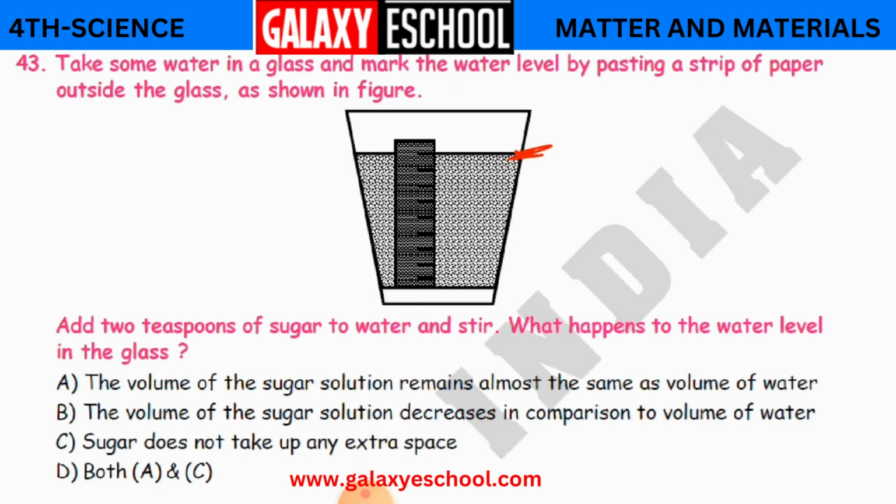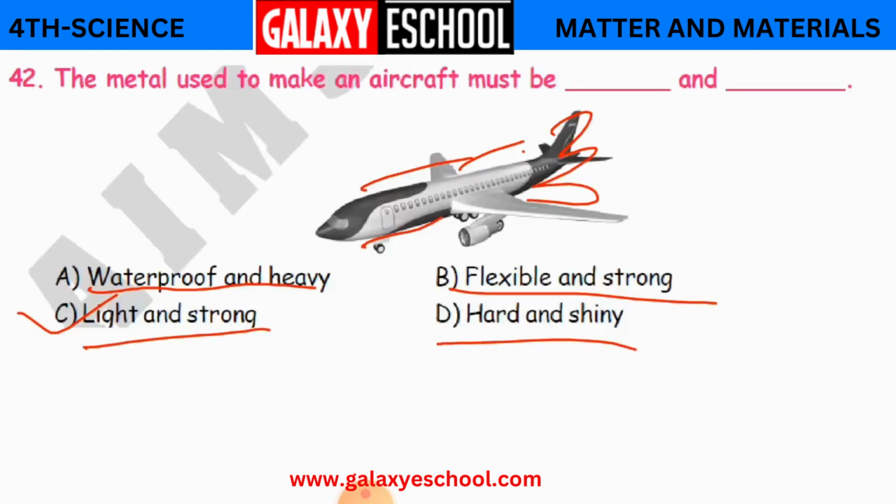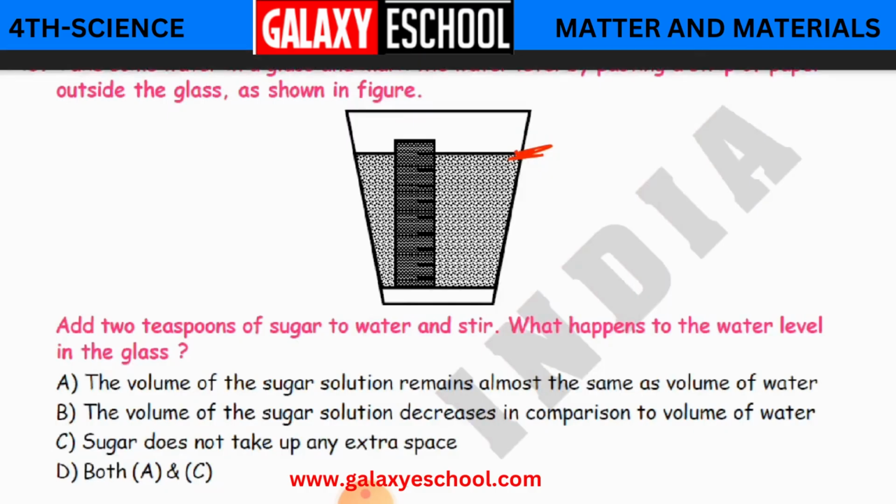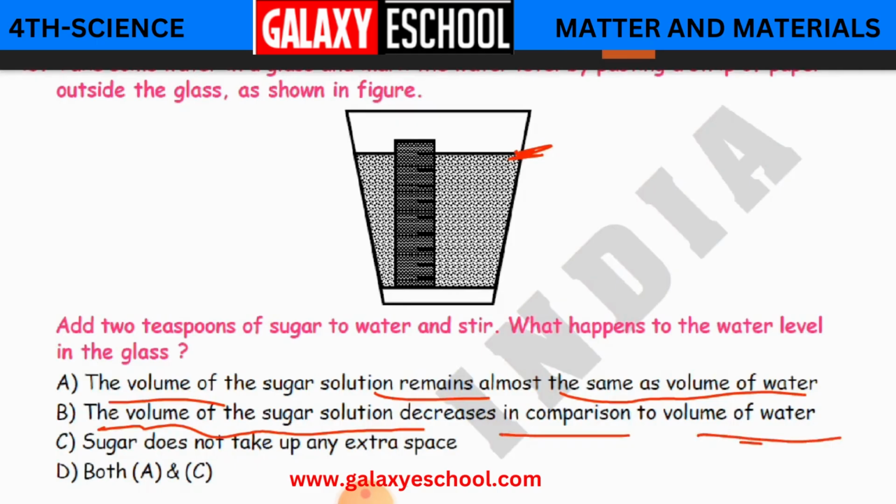The volume of the sugar solution remains almost the same as the volume of water. The volume of the sugar solution decreases in comparison to the volume of water. Sugar does not take up any extra space. Both A and B. Okay, sorry, A and C. The answer is both A and C, children.